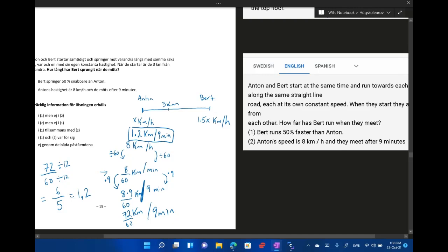It's going to be at 1.2 kilometers. This is when they're going to meet. So that means after 1.2 kilometers, well, Bert has to run the difference. And what is the difference between 1.2 and 3? Well, that's 1.8. So Bert actually ran 1.8 kilometers in 9 minutes.